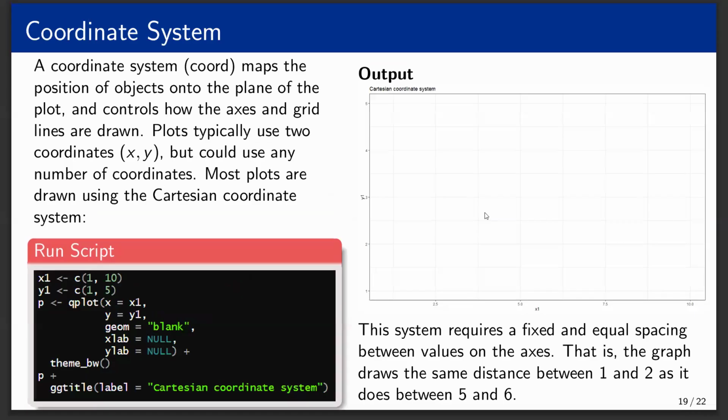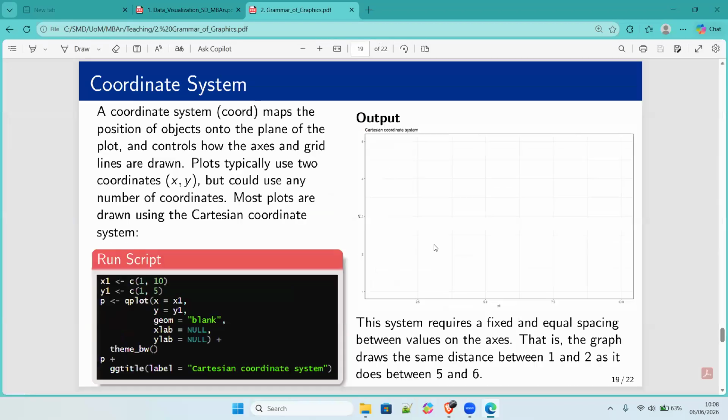So that's it. The coordinate system is there too. So read this one. It's not that difficult, and it's like looking at the visualization from a language point of view, from a grammar point of view.